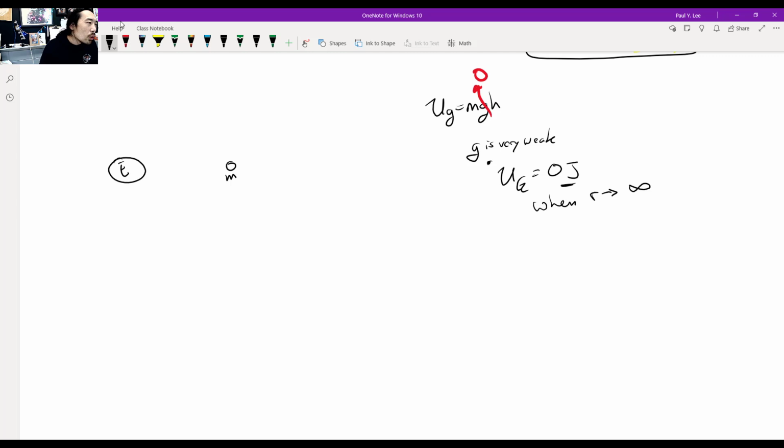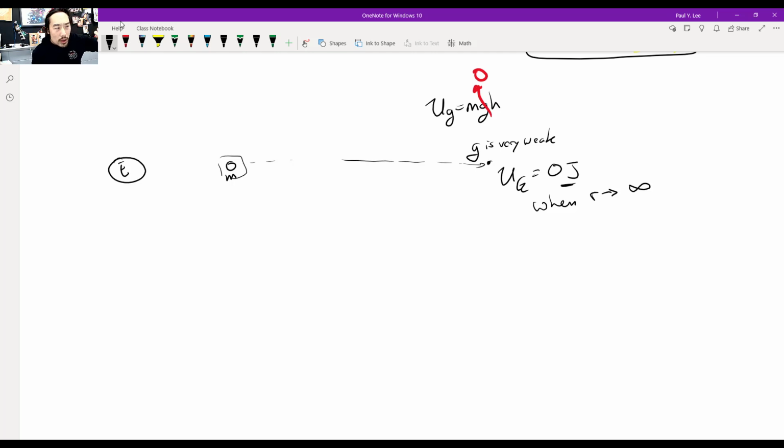Okay, so the idea is, in order for the moon to go all the way out there, what do we have to do to the moon? We have to do work to the moon. We have to push the moon. We have to give it some kinetic energy. We have to say, moon, get out of here, right? And so we would push the moon, and speed it up until it gets super, super, super far away, almost like blasting off a rocket.